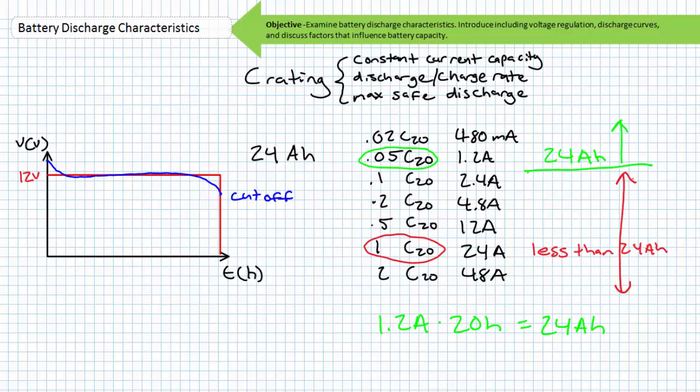Any electrical load drawing less than 1.2 amps might actually see the battery last longer and deliver slightly more than 24 amp hours of energy. It makes sense. You'll last longer performing a leisurely stroll than you will at a dead sprint. Additionally, this assumes the battery is reasonably fresh and operating inside a predetermined temperature range. We'll discuss condition and temperature effects in a moment.